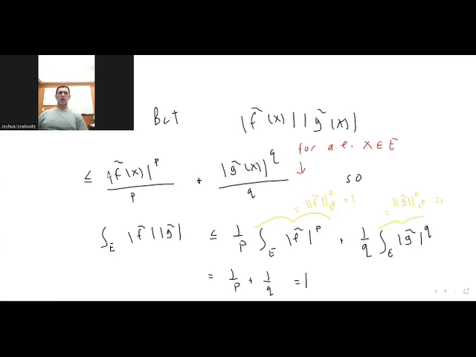So what do we have? This integral here is less than or equal to 1. That's what we have. Okay, so if you think about it, we're done.